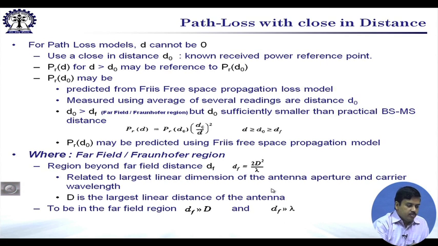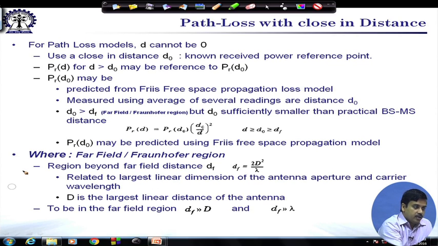So, PR d0 may be predicted using the free space expression, as we have said. Now, if we concentrate on the far field region, it can be calculated using the expression here. It should be greater than 2 d squared by lambda, where d is the largest linear dimension of the antenna and lambda is the wavelength.